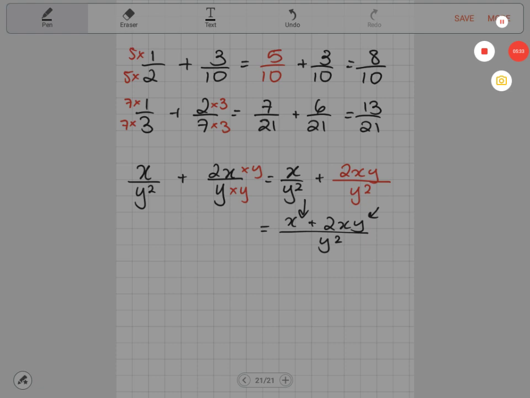So altogether we have 3x squared plus 9x. Now don't forget that this negative is going to have an impact on both. So minus x squared minus negative 2x, all over x minus 2, x plus 3.